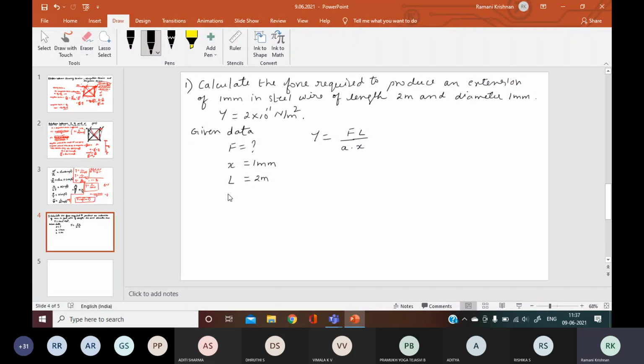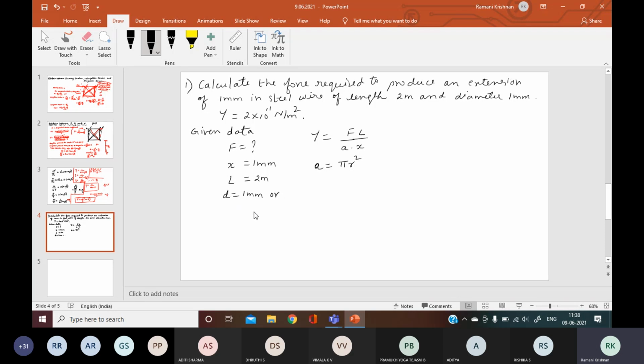And now the diameter of the wire is given. D is 1 millimeter. Here only you should be careful. They have given the diameter. Area of cross section of the wire is given by pi r square, since it is cylindrical. So diameter has to be converted to radius.